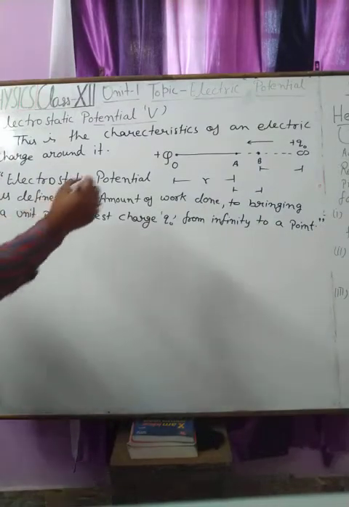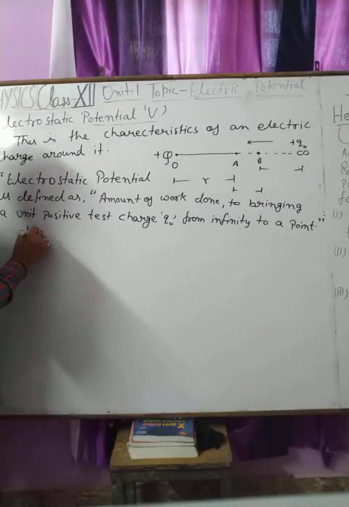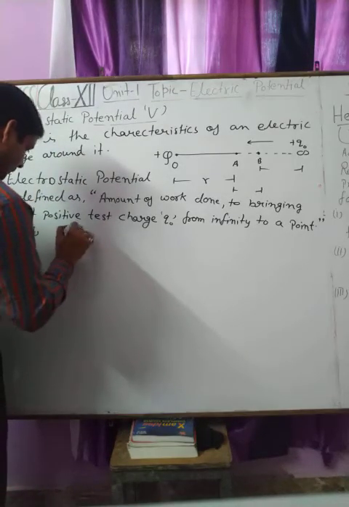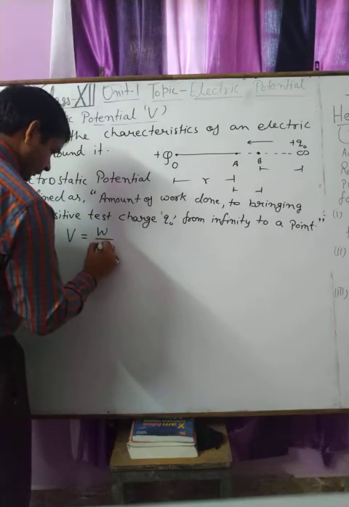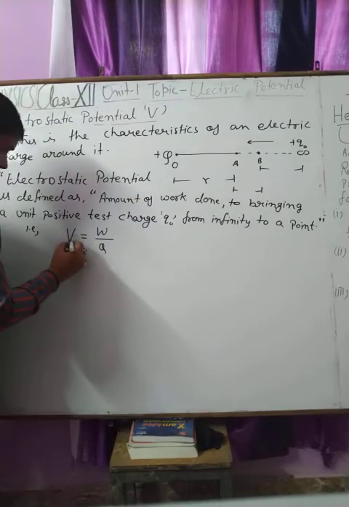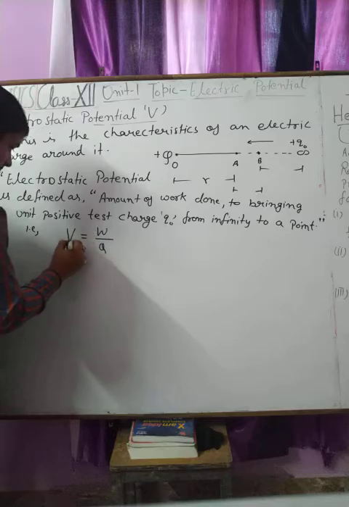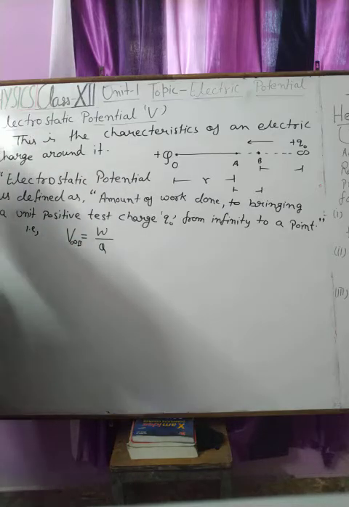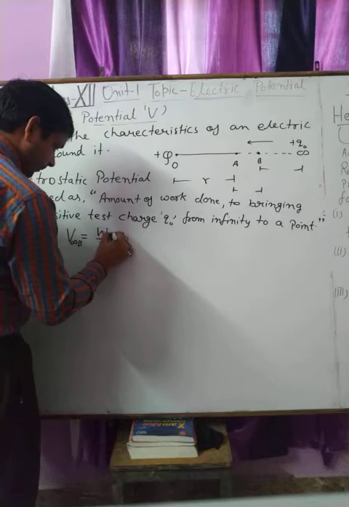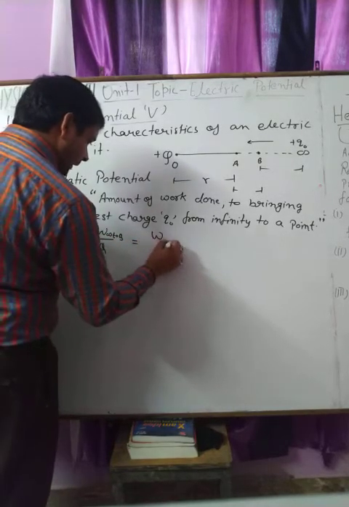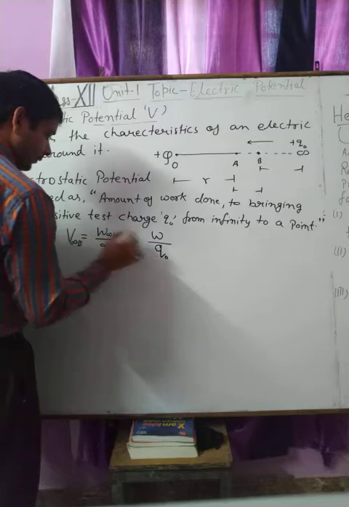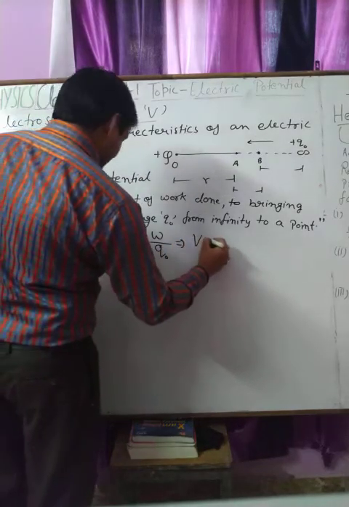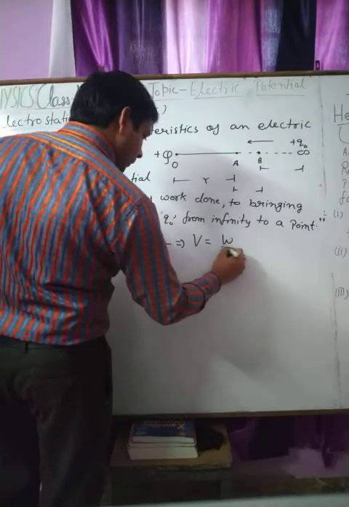That is, electrostatic potential is equal to W upon Q, taken from infinity to B, or simply written as W upon Q naught.